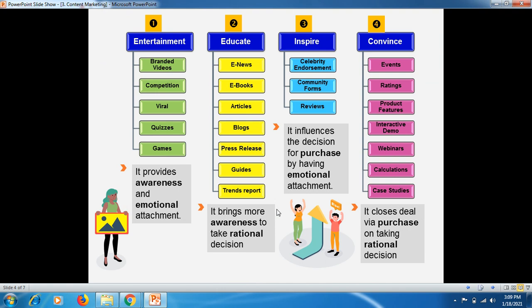Now friends, the four pillars in content marketing which directly influence decision making are entertainment, education, inspiring, and convincing. For entertainment, why is it done? To make the consumer aware and emotionally attached, influencing client behavior. Here, the branded videos made by firms and businesses directly engage the customers and the competition.